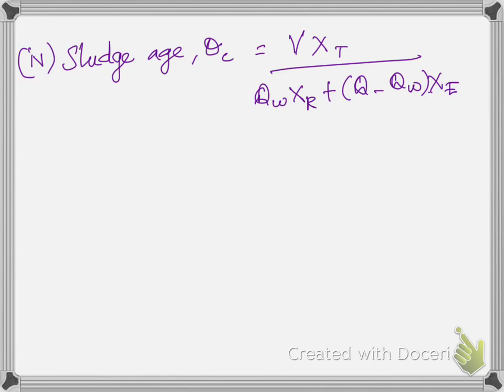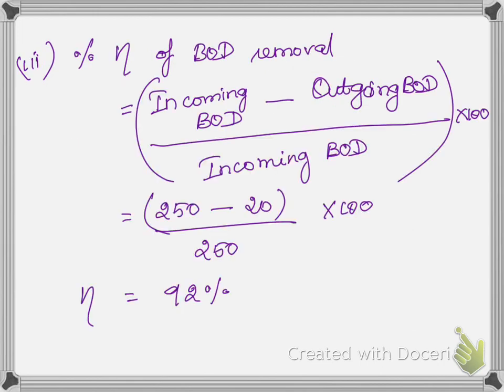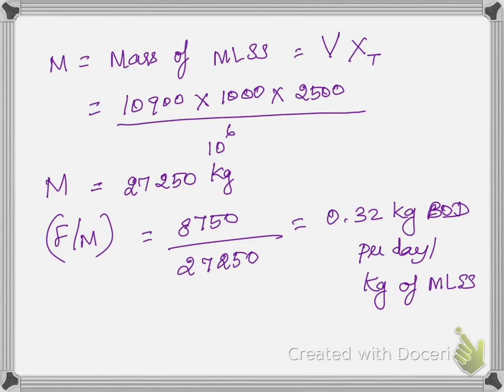The mass of suspended solids is nothing but what we have calculated already, V into Xt. How much is removed, we are going to calculate in this manner. V into Xt was calculated in the previous one, that is 27250.